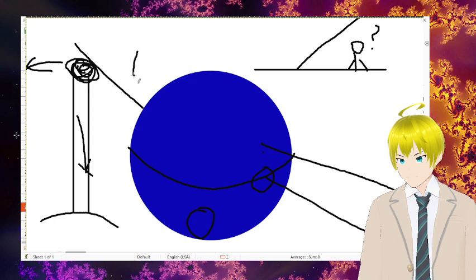If you're holding a bucket filled with material and swinging it around in a circle, this part of the rope is moving faster than this part. But I think the tension distributes itself equally, right? The force in your hands is going to be the same as the force in the bucket. So it definitely distributes the force equally.